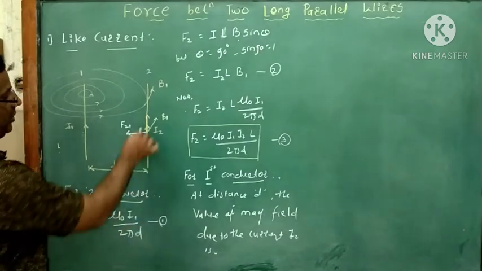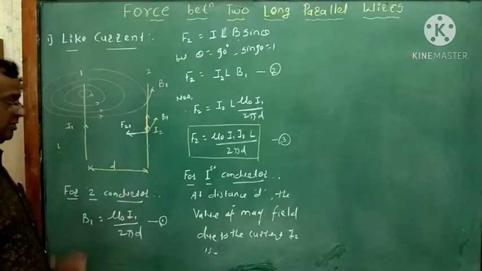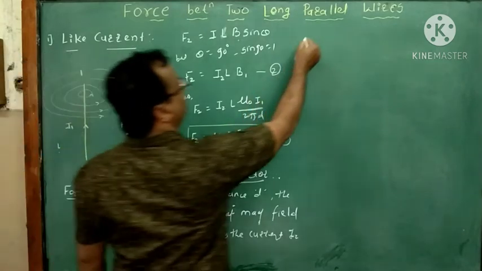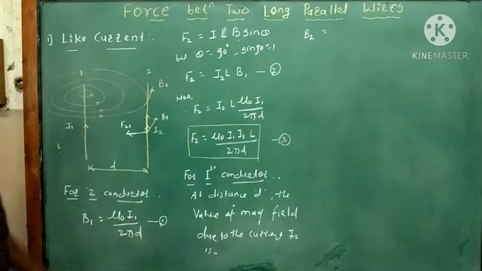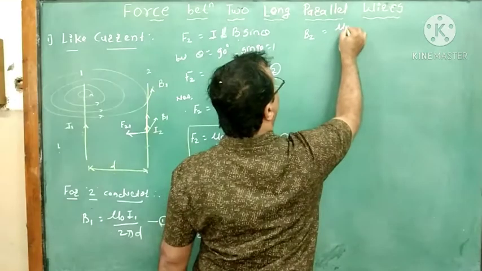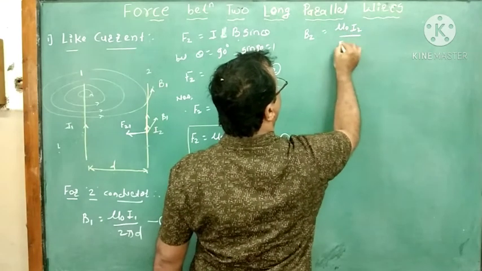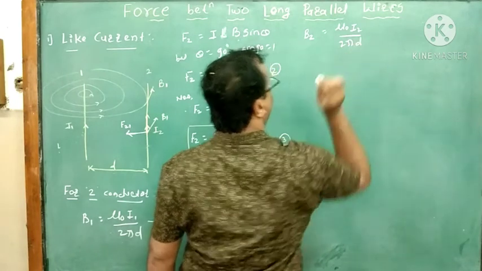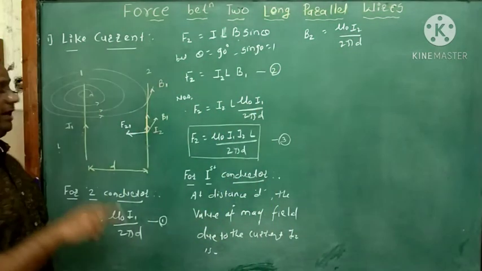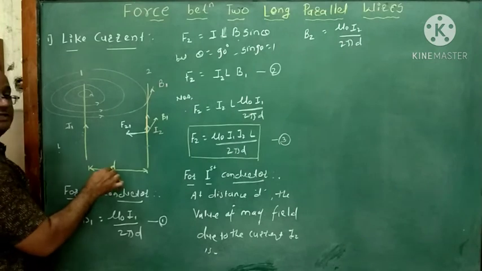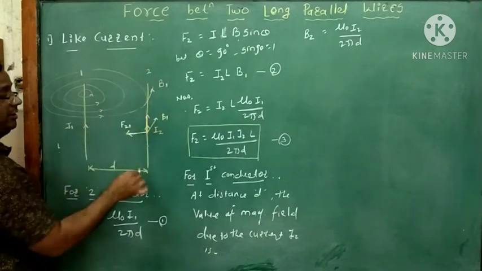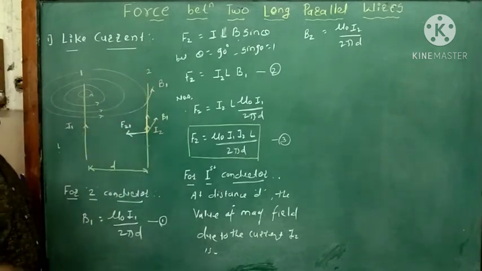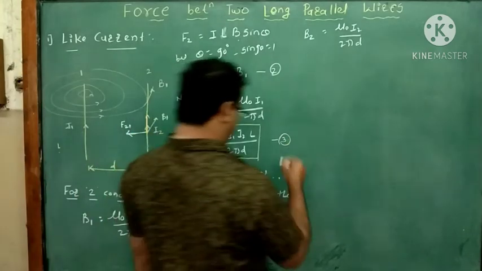Due to this current at distance d, the magnetic field produced is B2, which is equal to mu 0 I2 upon 2 pi d. So this much amount of magnetic field is produced at distance d, or at the place of the first conductor, due to the current flowing through the second conductor I2. Suppose this will be equation number 4.